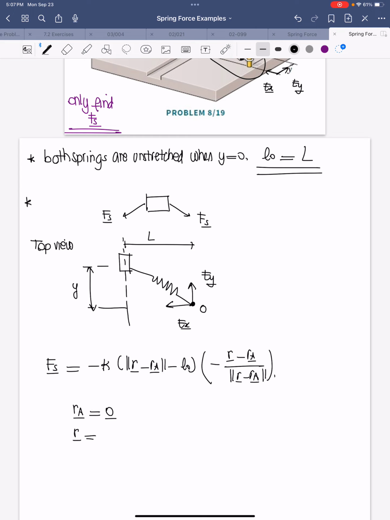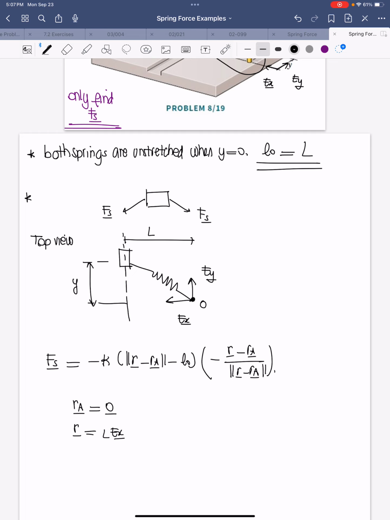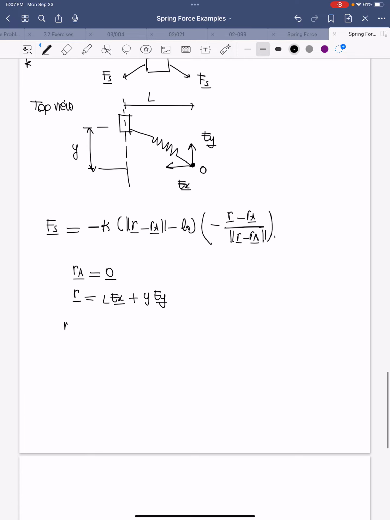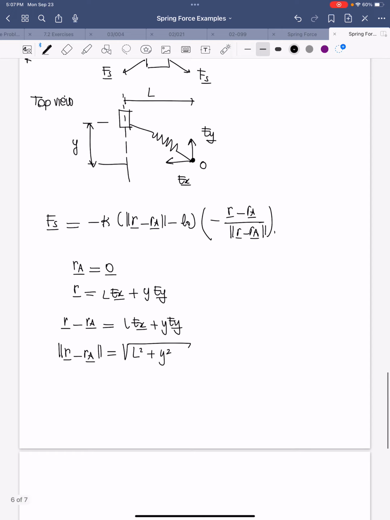Well, r is L E_x plus y E_y. So r minus r_A is L E_x plus y E_y minus 0, which is just this, and its magnitude is the square root of L squared plus y squared.